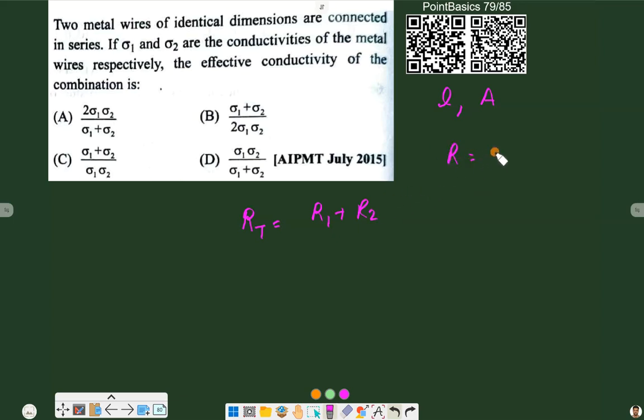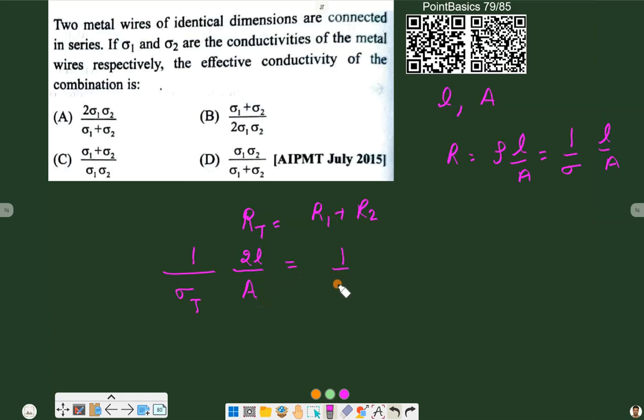Now we know R is equal to rho L upon A, where rho is resistivity, and it can be written as 1 by sigma, that is conductivity, into length by A. So total resistance can also be written as 1 by sigma total into, as there are two wires, their combined length 2L by area, which stays the same.